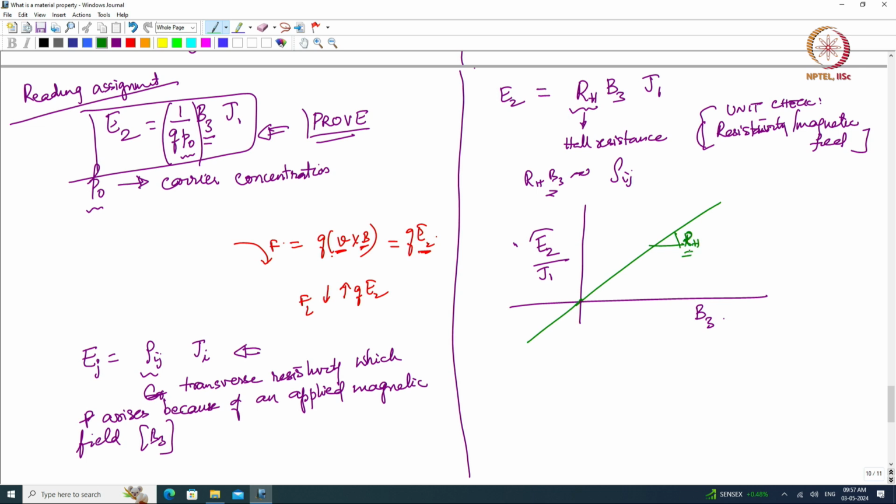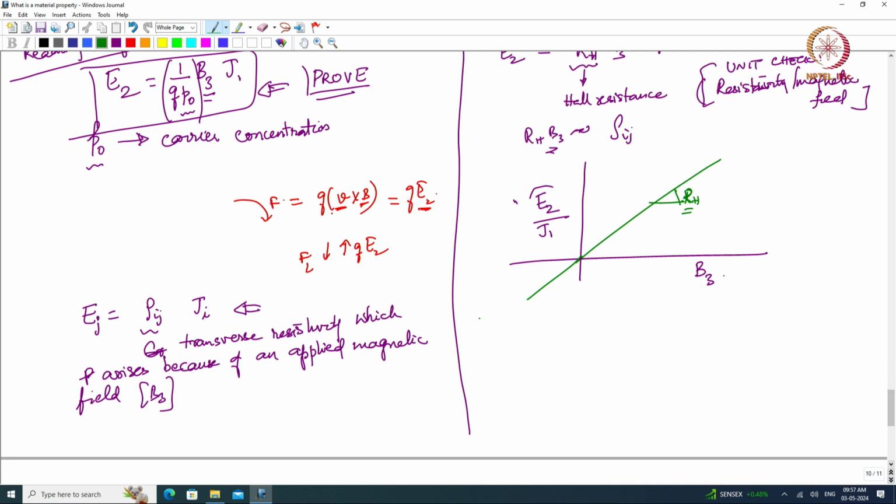Okay. However, if I start with a material which is non-isotropic, there is already some rho 12 to start with, rho 12 at 0 magnetic field.